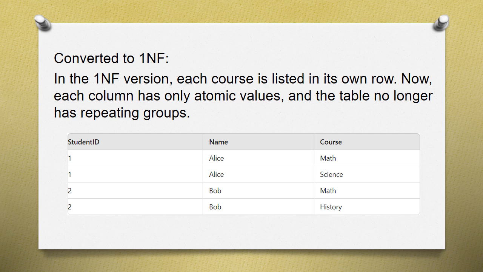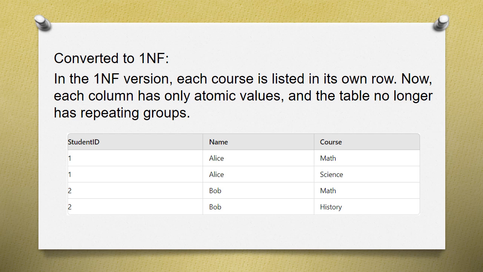What we have done, let's see. In the first normal form version, each course is listed in its own row. Now you can see the course column has only a single value.